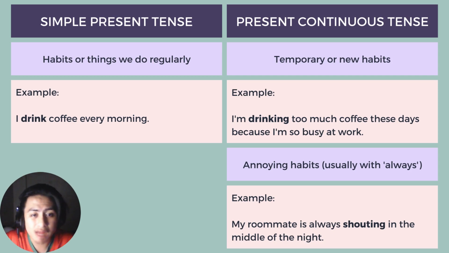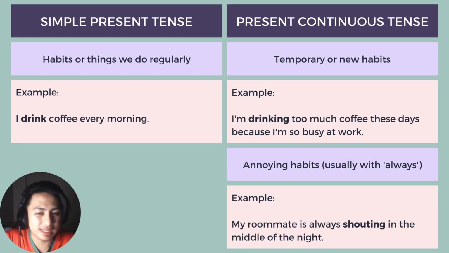So for the example, I'm drinking too much coffee these days because I'm so busy at work. So first of all, do you notice the word I'm? Do you know what it is referring to? What is the actual word that is used in I'm? The long word. So I'm stands for I am. So if you recall, I is the subject and am is the auxiliary verb.